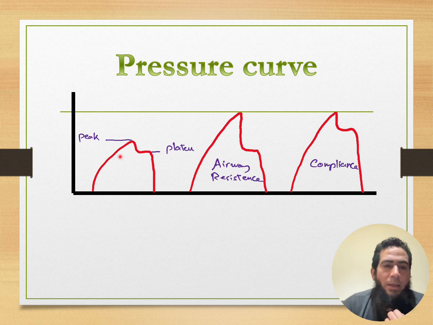Okay, so this is the pressure versus time curve of mechanical ventilation in volume controlled modes. Volume controlled modes are either, for example, assist control, or if it's called IPPV on some ventilators.